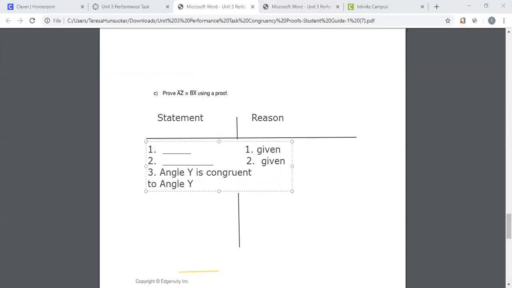The others you can't. You can't state that any of the additional sides or angles are congruent because they're not shared sides. The only shared angle is angle Y. And whenever a segment or angle is congruent to itself, it's called the reflexive property. And the reason we're doing this is because we get a pair of angles.